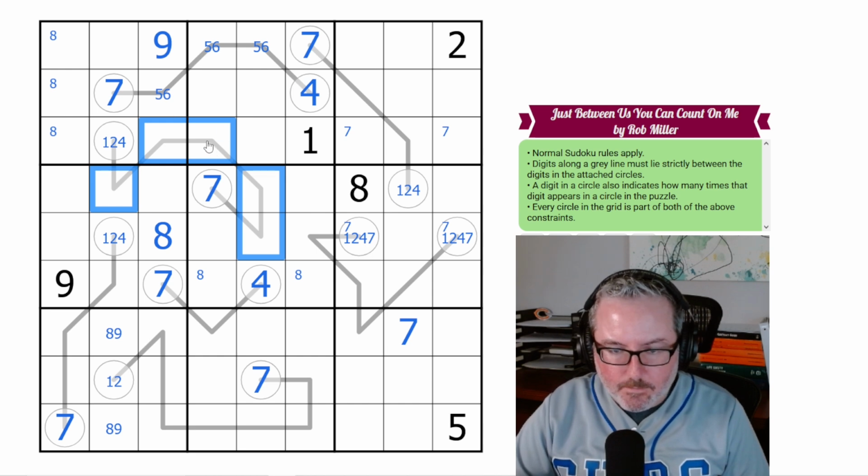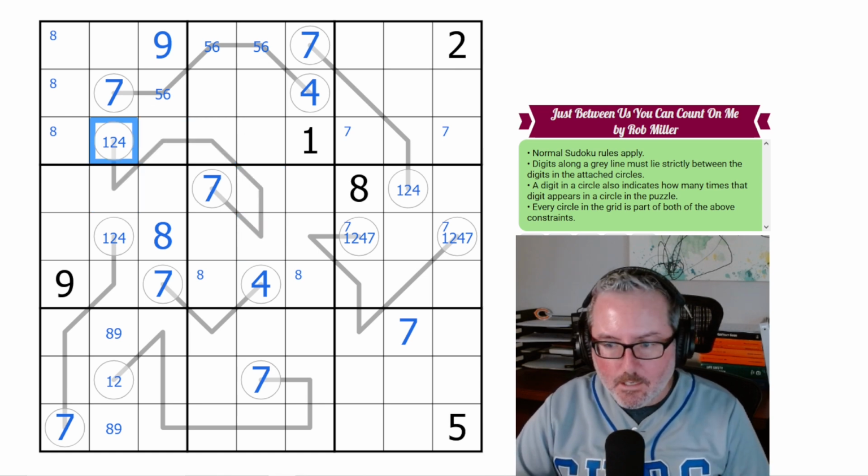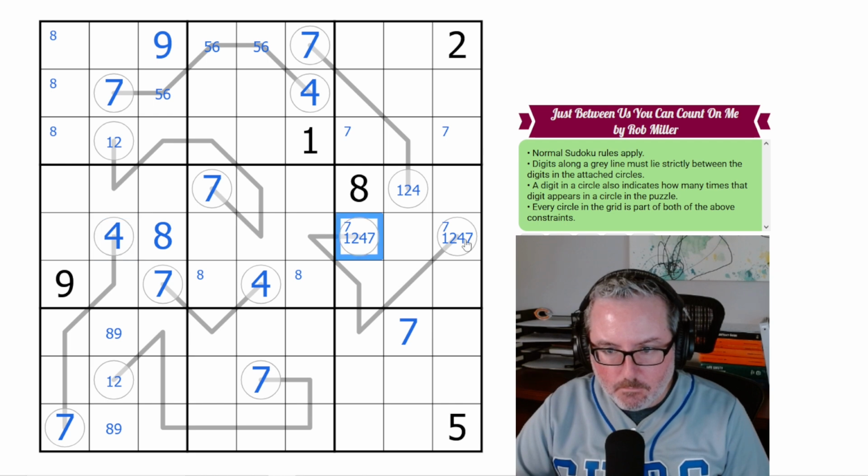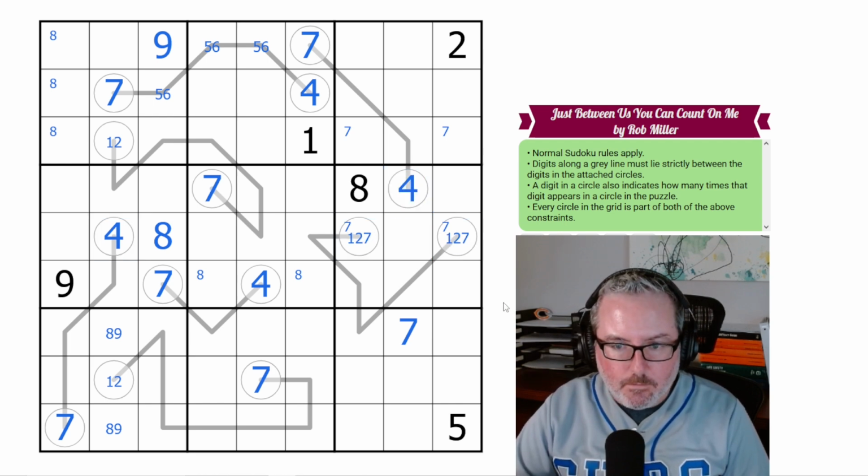Well, this can never be a 5 or a 6 because we've already proven that these 2 are 5 and 6. These 2 can't be a 5-6 pair because they would break this 5-6. So there's multiple reasons why this cannot be a 4. Now that this can't be a 4, we must put 4 here, and then that'll rule out our 4s here and put a 4 here. Now our 4s are done in terms of our circles.